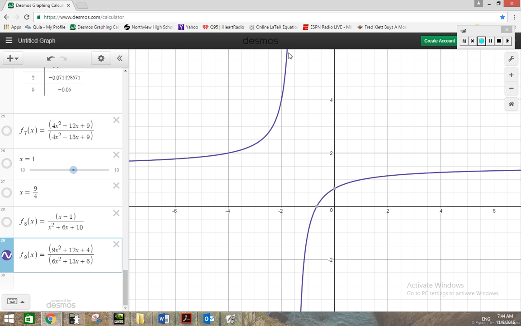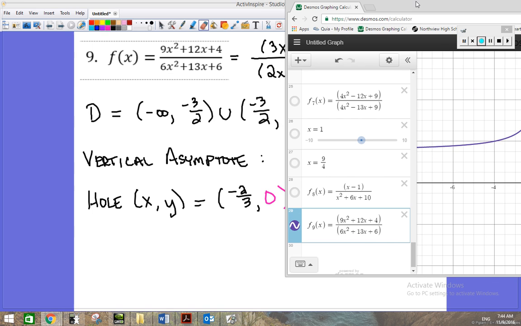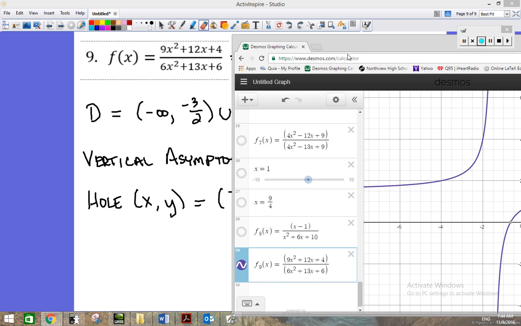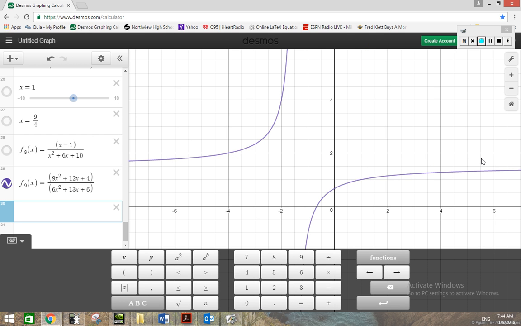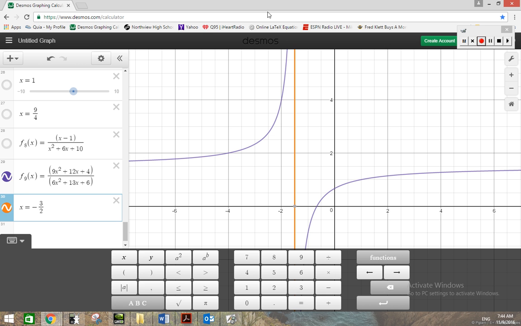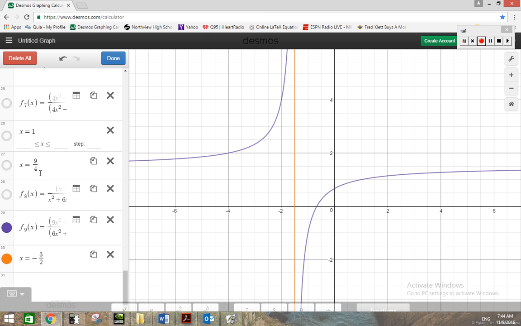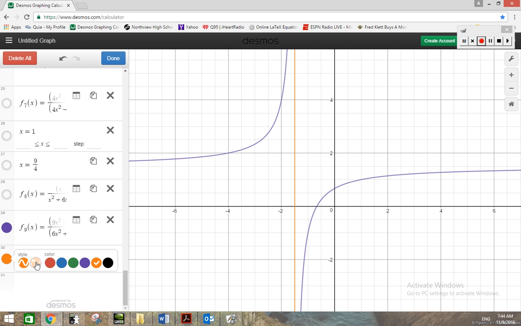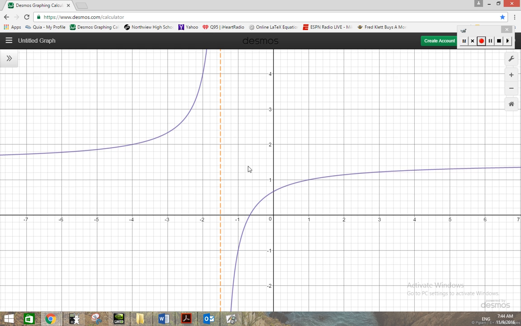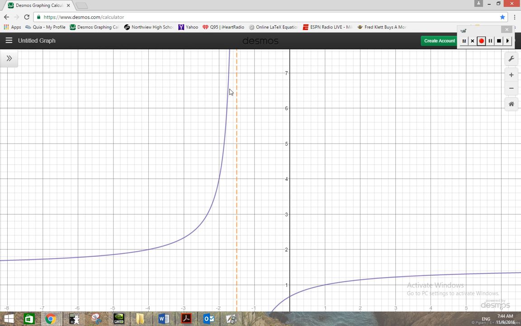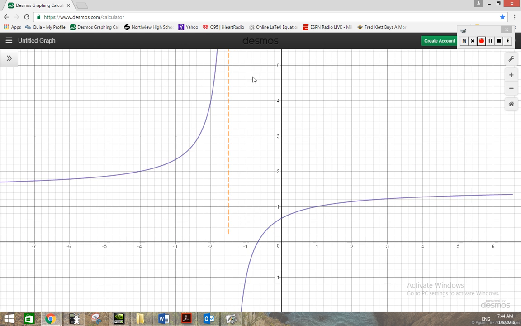It should illustrate this vertical asymptote. It's easier to see if we graph the line. So at x equals negative 3/2, and if we make that a dashed line, because technically it's not part of the graph, we're just doing this to visually make it easier to recognize that the graph is getting closer and closer and closer to that without touching.